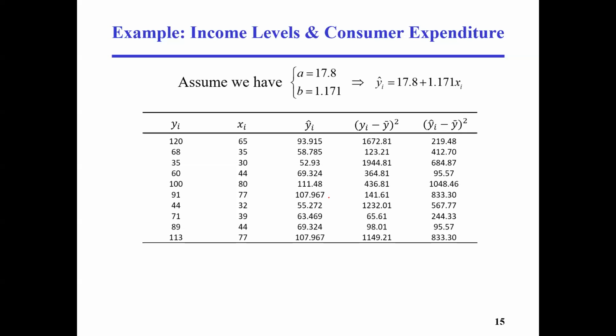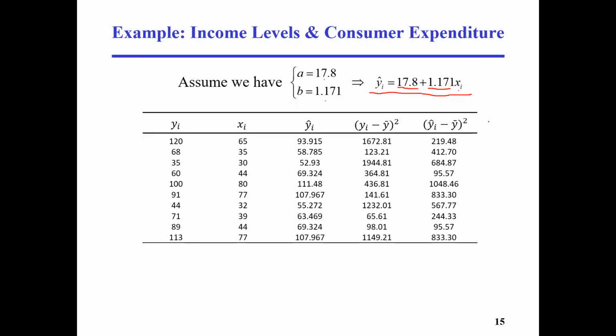So let's just use another example to address that, okay? Let's assume we have intercept A as 17.8, slope B as 1.171. So your prediction model, or your linear function, is like this: Yi hat is equal to the intercept plus slope multiplied by xi, right?